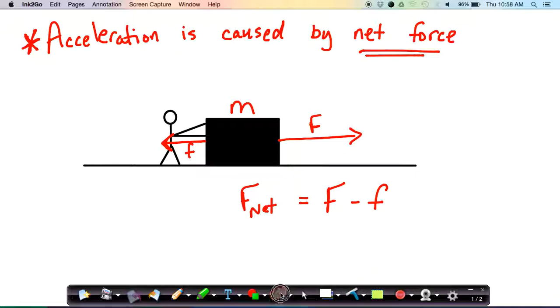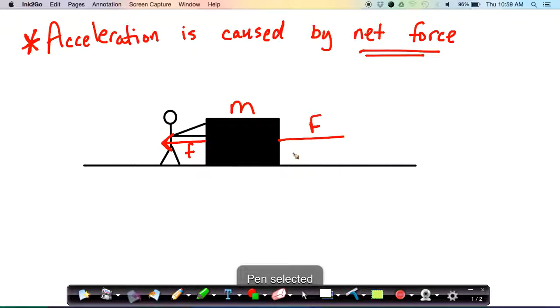So let's say we try increasing the force on the box. So instead of pushing with a force F, we're going to push with twice that amount of force. So now my applied force is going to be twice my original force, or 2F. If you push with a greater force, you're going to cause a greater acceleration of the box.